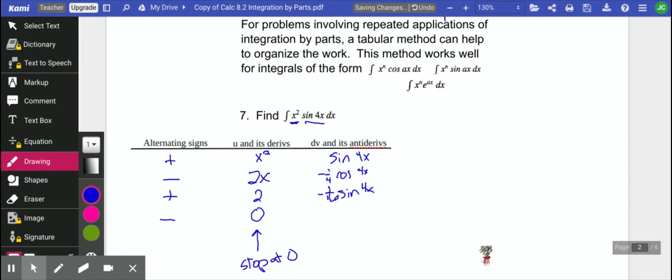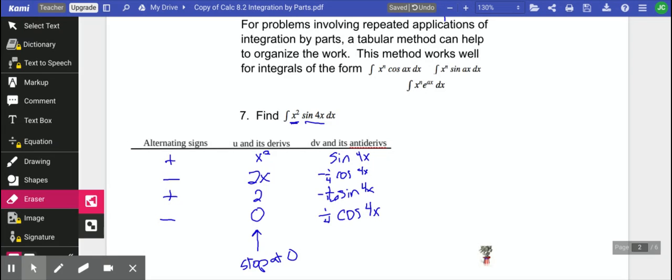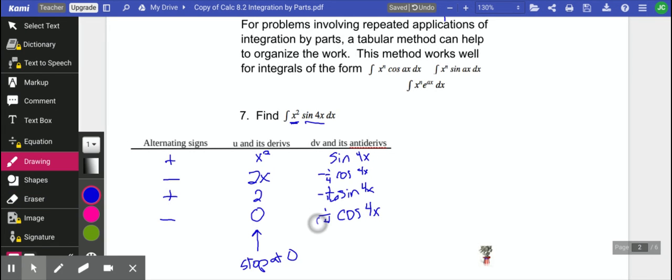Then we take the antiderivative of that, which is going to be, I think, a positive cosine 4x, and we need another 1/4, so 1/64. So that's what our table looks like. Maybe we should write those numbers so you can actually read them.